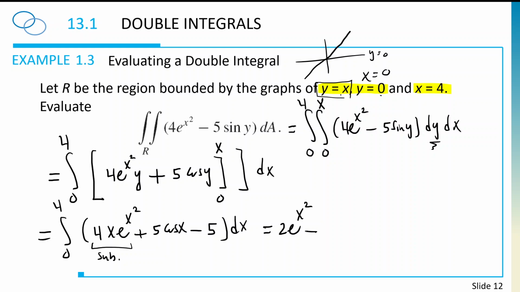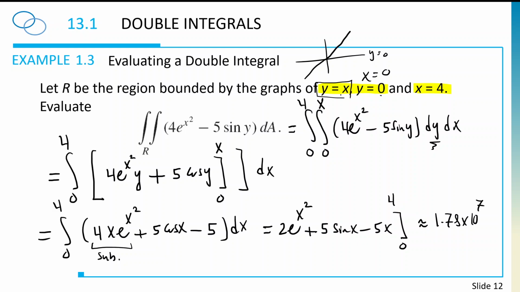Plus 5 cosine, this is plus 5 sine of x, minus 5x. And then we substitute from 0 to 4. You can use your calculator here. And this is approximately equals 1.78 times 10 to the power of 7. Okay, that's it.